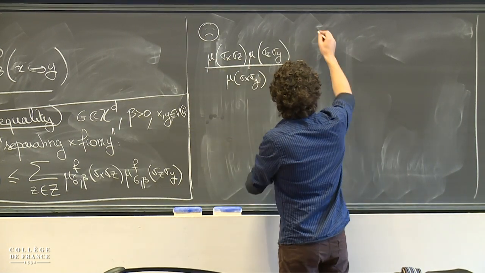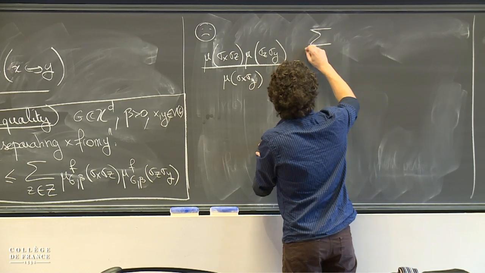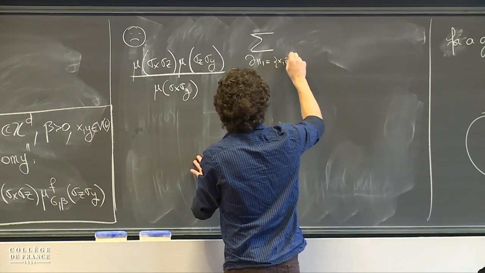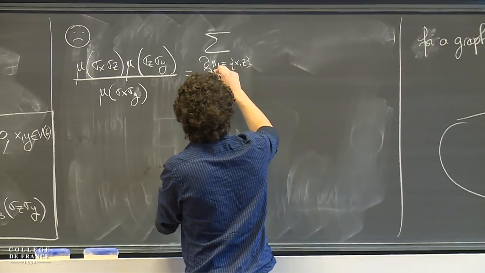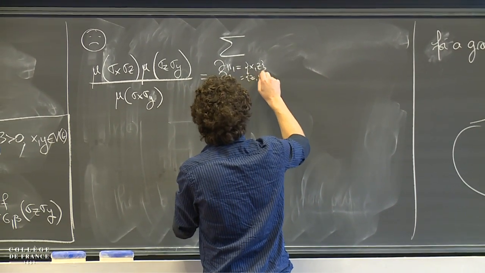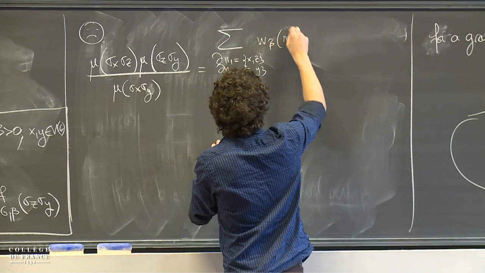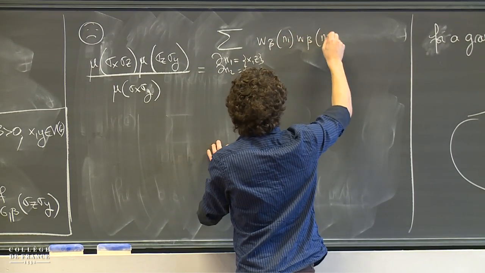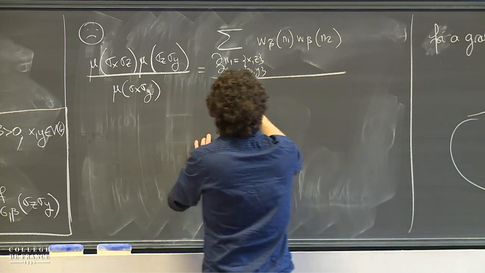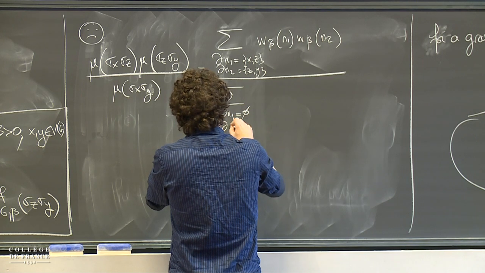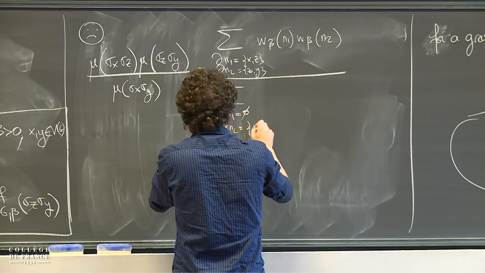What is it? This is the sum over currents from x to z and currents with sources z and y of w_β(n1) w_β(n2), divided by the sum over a sourceless current and a current which has sources at x and y.